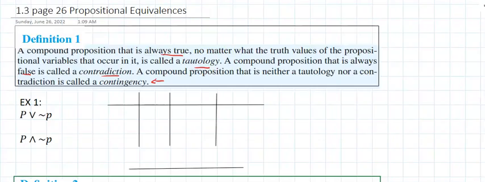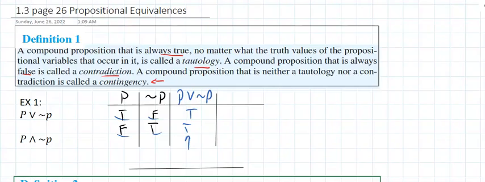That's the traditional definition. An example: if I take P, and the negation of P, now if I take P or not P, so one or the other or both, since one of them is true, this is a tautology.